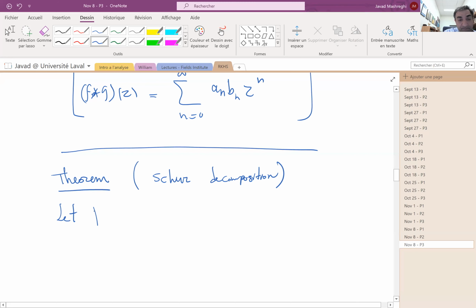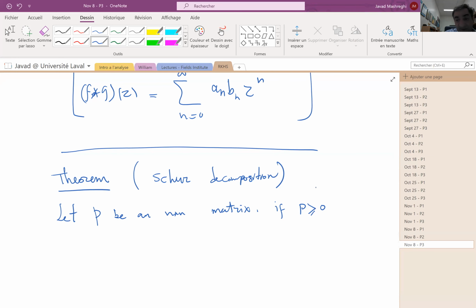Let P be an n times n matrix. If P is positive, I write like this instead of writing positive.